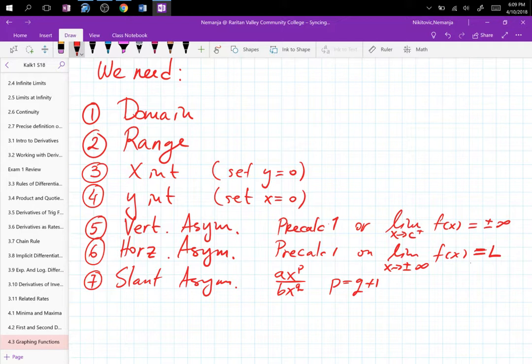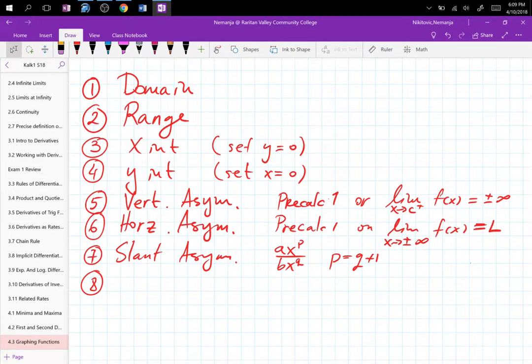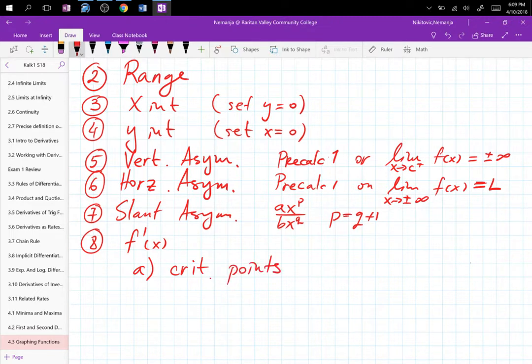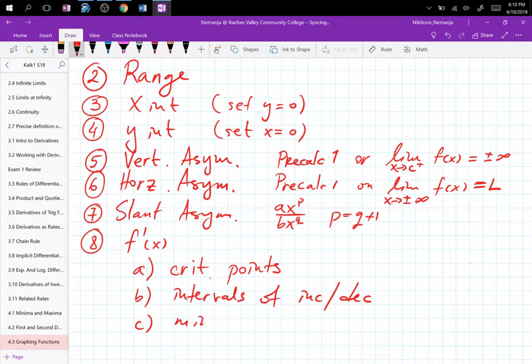Then we are moving into the calculus realm. We are going to do everything that we can do off of the first derivative. So, number 8, first derivative. What are the things that we get off of the first derivative? Well, first of all, we get critical points. Those critical points also give us intervals of increase and decrease, which for free gives us a min or a max.